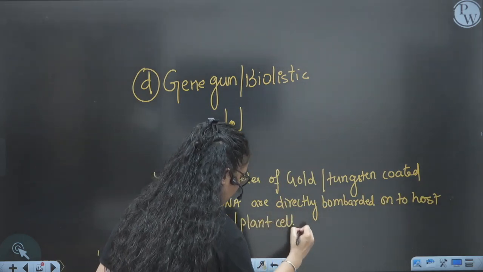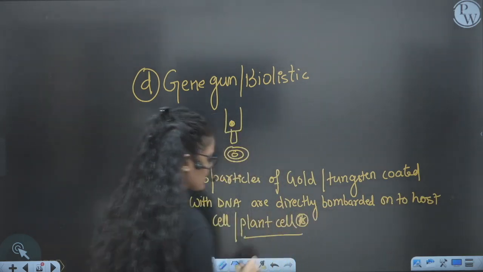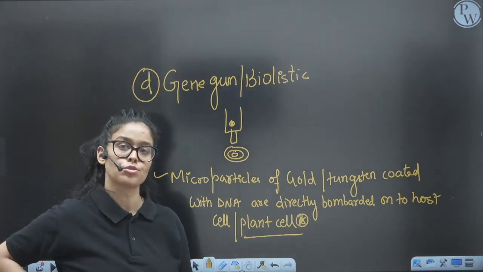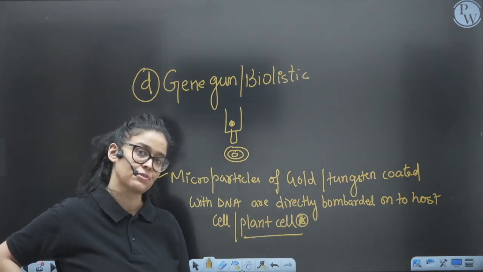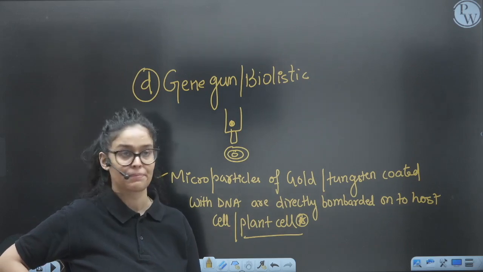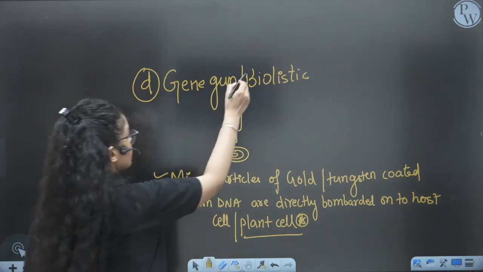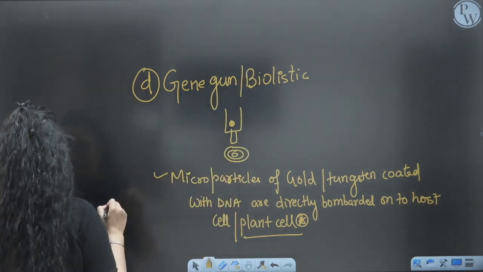You have to remember this NEET question: which technique is used to directly inject DNA into the plant cell? It will be the gene gun, bombardment, or biolistic method, right? So that's all. This is the way of direct gene transfer.